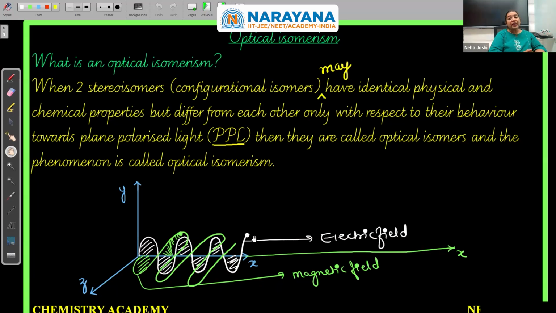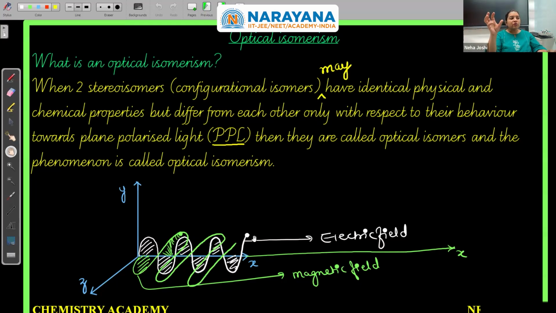I'm not writing they are non-superimposable mirror images because that definition just limits us to enantiomers. But now in phase 2, phase 3, you know that enantiomers are not just the one case which should be referred to as optical isomers. Mesomers could also be optical isomers, diastereomers could also be optical isomers.